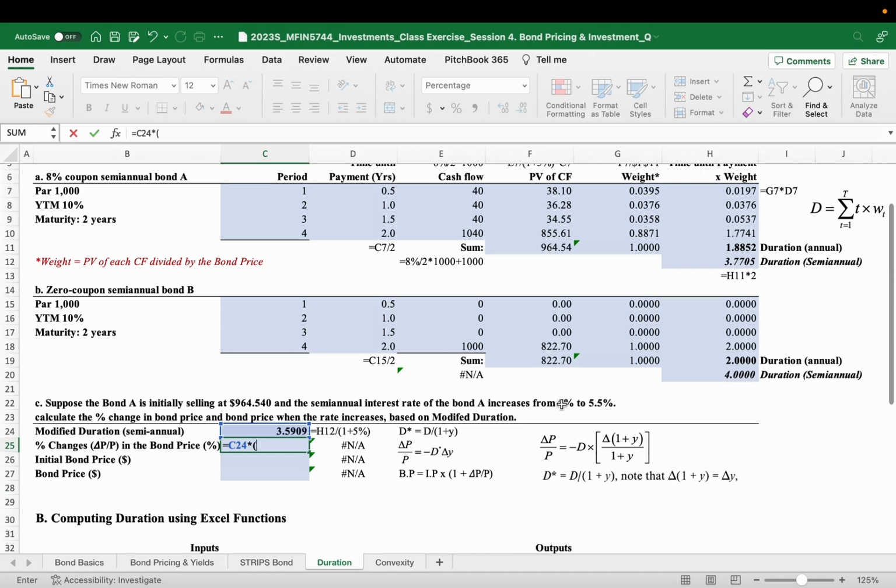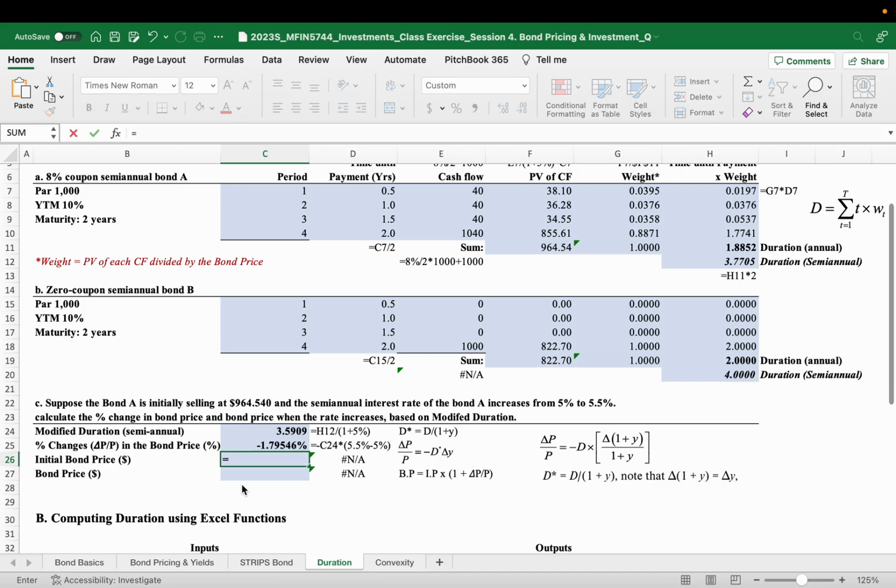From 5.5% to 5%. Is that right? But here you always put negative. Why do you put negative? Because the relationship between the yield rate and the bond price is inverse. So here we got these percentage changes of the bond prices.